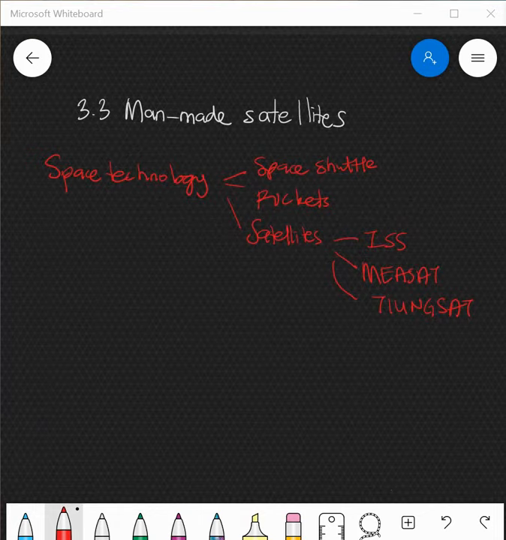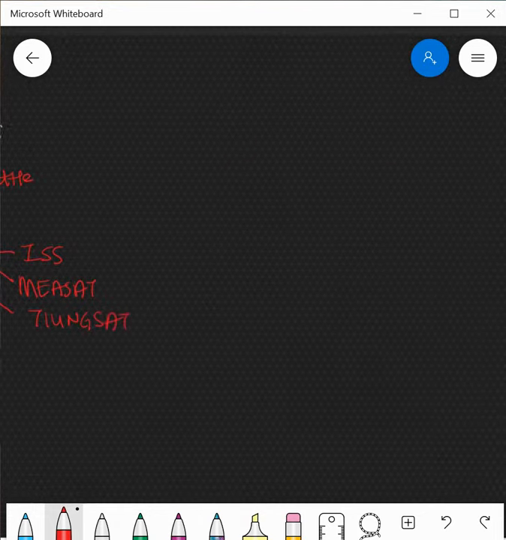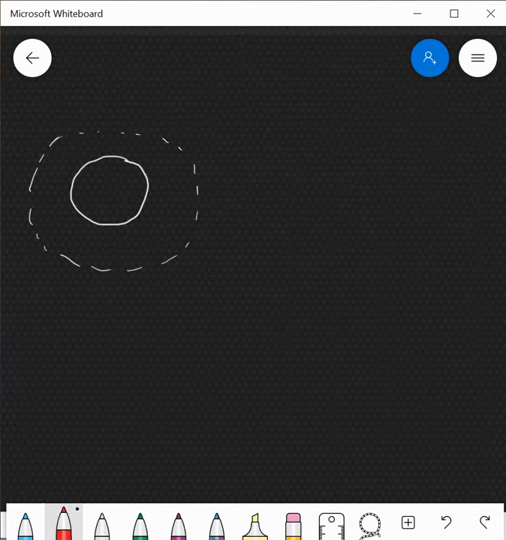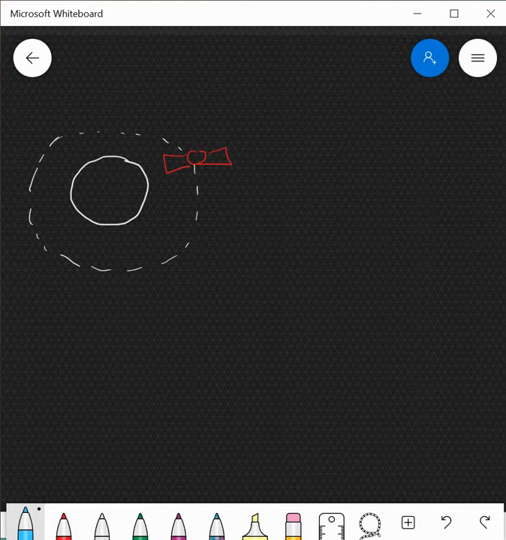Okay, so kita lukis. Okay, so you have earth and satellite. Satellite orbiting the earth. Okay. Okay, so let's say the mass of earth is M. Mass of earth.